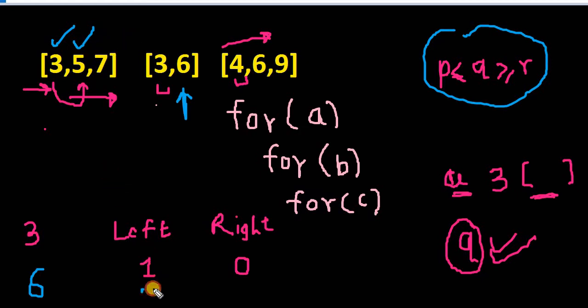So we have 2 elements on the left hand side which satisfy the condition. On the right hand side, 4 is less than 6. 6 is less than or equal to 6, so this again counts. However, this condition fails for 9. So again we have 2 elements on the right hand side which satisfy the condition. We can multiply 2 into 2, which is a basic combination, so we'll get a total of 4 pairs.